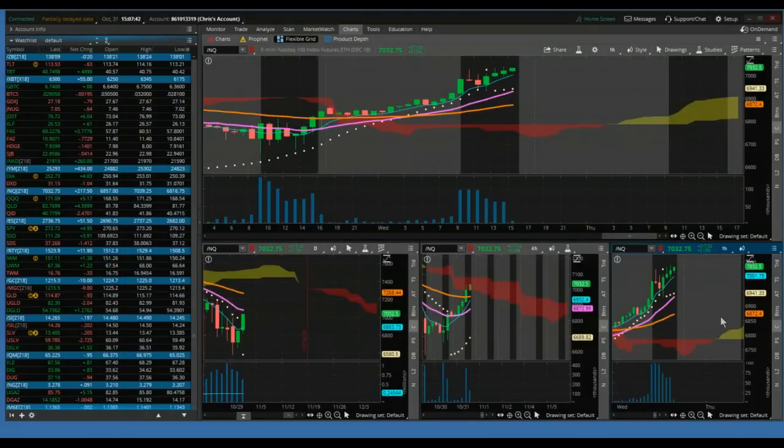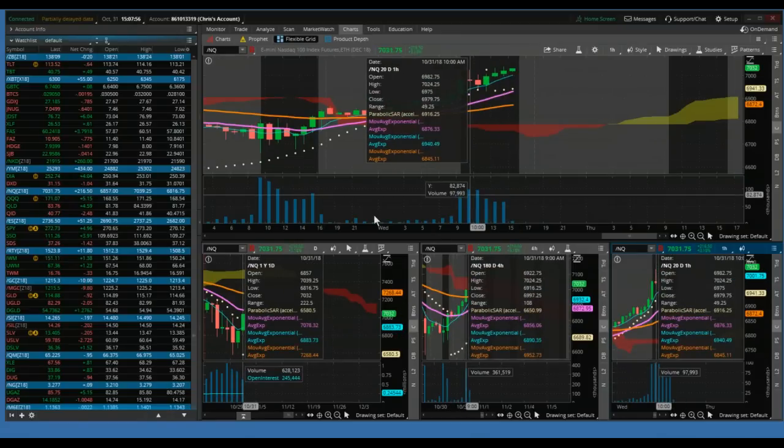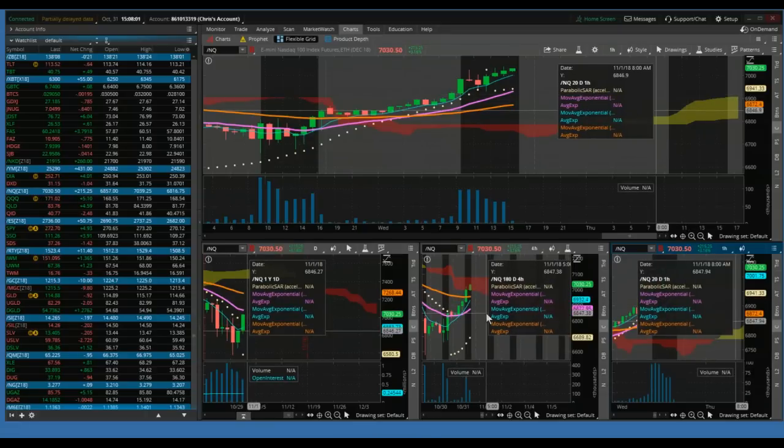Then someone said, "What is a gap?" A gap is simply opening higher than where the market closed, or opening lower than where the market closed. Let's say yesterday the Dow closed at 10,000, and then today when the market opens, it opens at 11,000.